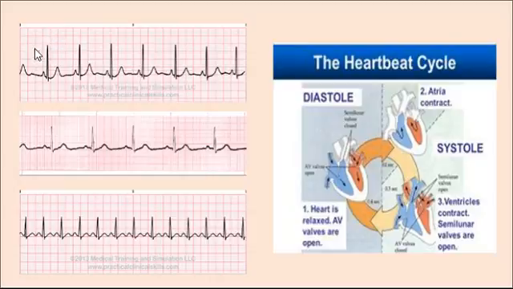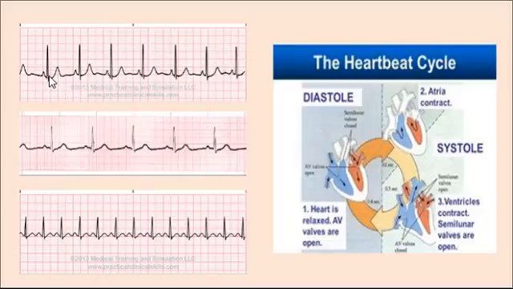Okay, there's a couple ways to count your rate. First, you're going to look and go, okay, do I have a P before every QRS? Is my atrium contracting and my impulse going from my atrium through my QRS, my ventricular contraction, and then repolarizing in my T wave? Yes, I do.